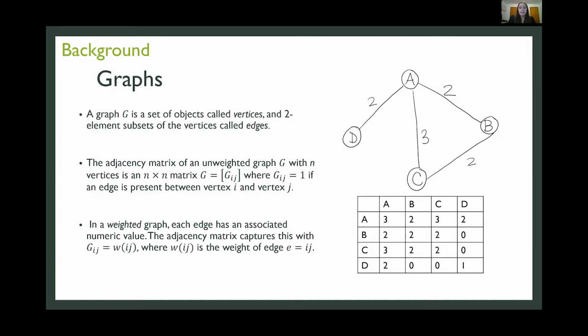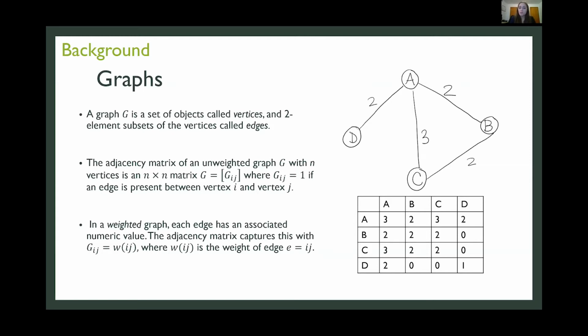So graphs can have weights or be unweighted, which we would represent as just plain edges between them with no numbers. So we can represent a graph like this in a visual format, or we can represent it as an adjacency matrix. Now, an adjacency matrix is an n by n matrix where n is the number of vertices we have, and each entry of the matrix represents the weight of the edge.